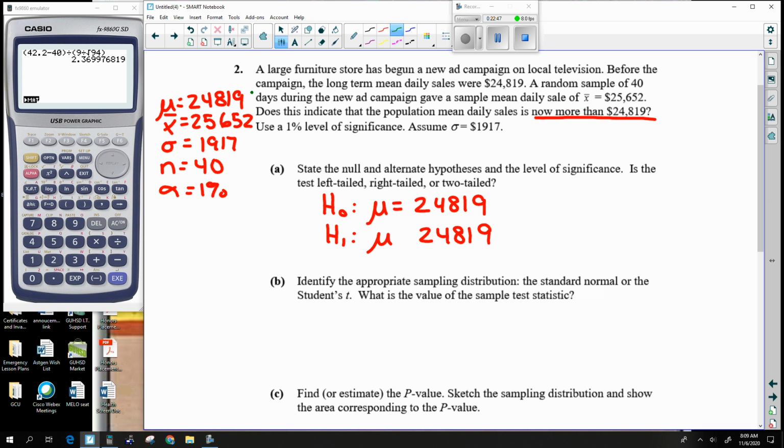I see that 24,819 is going up to 25,652, so I think the average is now more than 24,819. The level of significance is 1%, which means 0.01. The arrow of my inequality is pointing to the right, so this is a right tail.